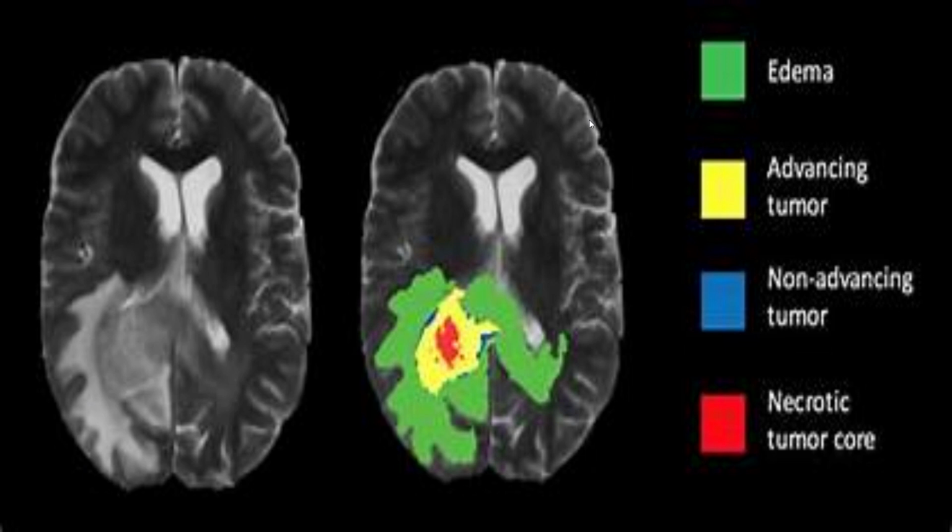I am able to detect from this given image as an input, somewhere over here, that is colored in red by your machine, is where the necrotic tumor core exists. Then just above that particular layer that is painted in yellow, this is the advancing tumor. Then some parts in the background we can see are also colored blue. That type of part is a non-advancing tumor. So your computer is able to take this kind of decisions based on the data that it's looking at, and then also giving these colors to it.